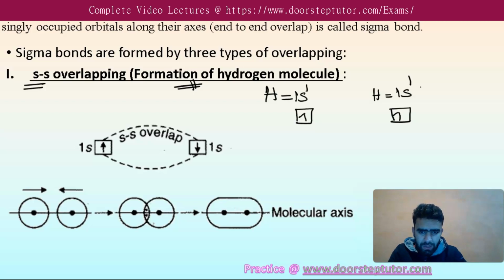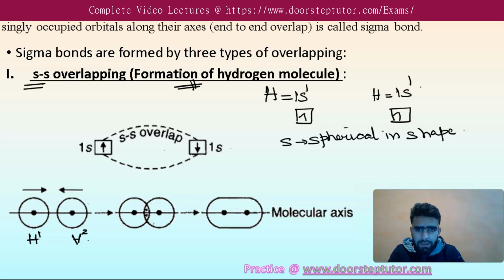This is an s orbital, and as we know, an s orbital is spherical in shape. Suppose this is hydrogen 1 and this is hydrogen 2. Let us represent them as H1 and H2.